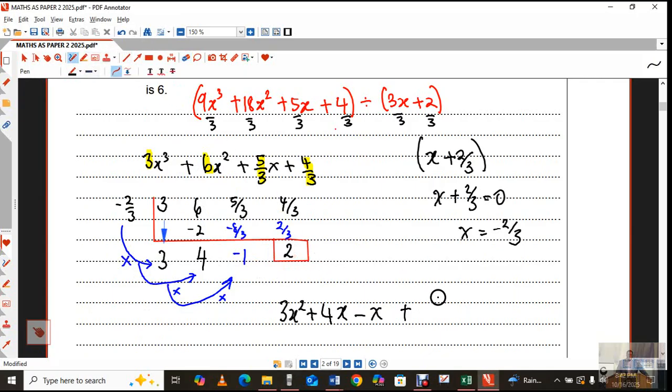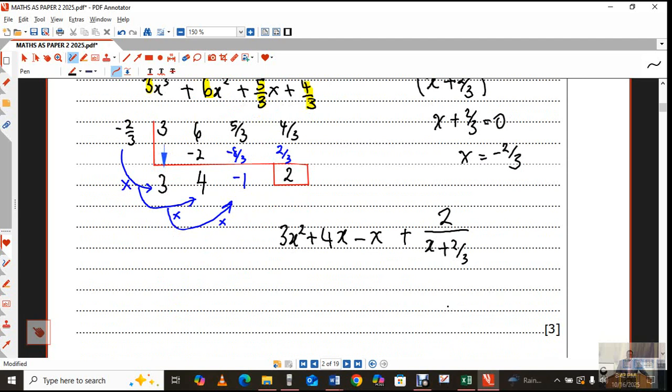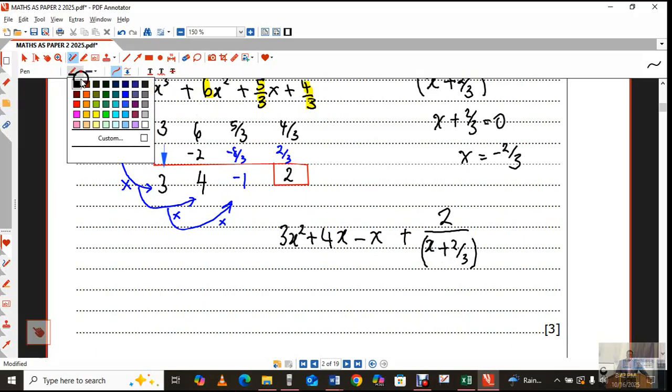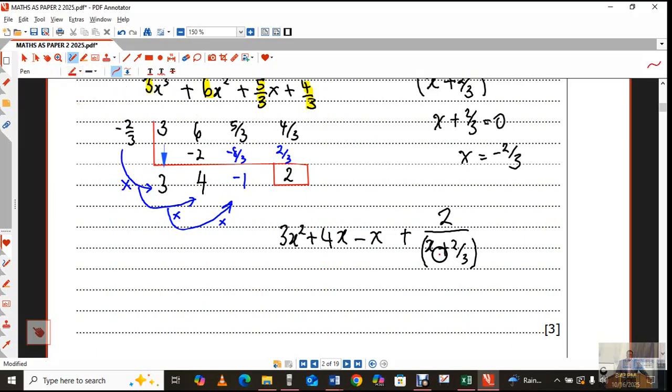So that 2, I'm going to put it over this x plus 2 over 3. Right. Now, one of the things that we don't like is this complex fraction that is happening over here. So one way of doing it is to cleverly multiply here by 3, and also multiply on top by 3.